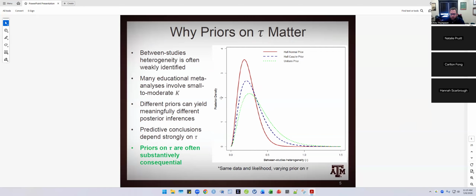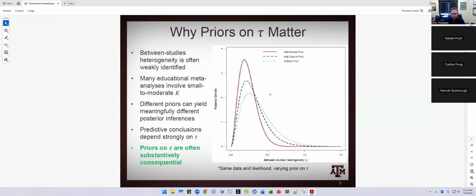These posteriors each have the same likelihood and data inputted into them, but the prior distribution that is used on tau changes. And so the prior can be a half normal, half Cauchy, or here, a uniform distribution.